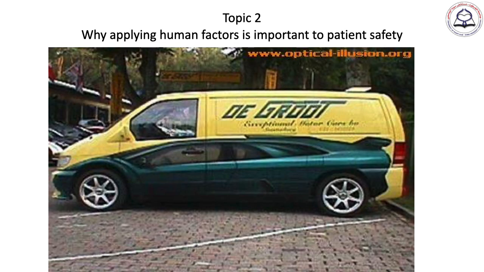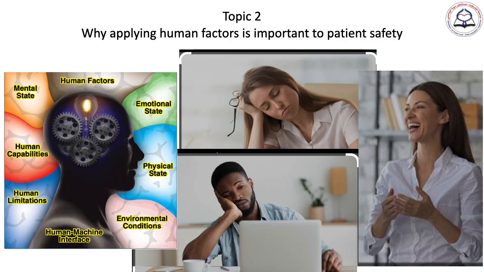Topic 2 is about human factors. Applying human factors is important to patient safety. This could be related to our perception or our ability to interact with the environment, our surroundings and the machines. Human factors could be related to our emotional or physiological state, when we are tired, when we are sick, when we are sad, when we are excited.